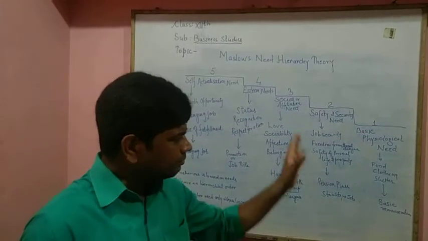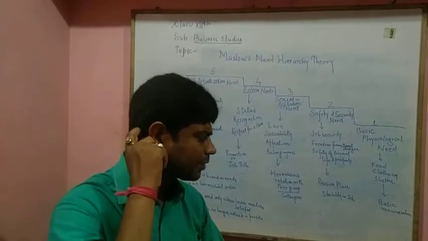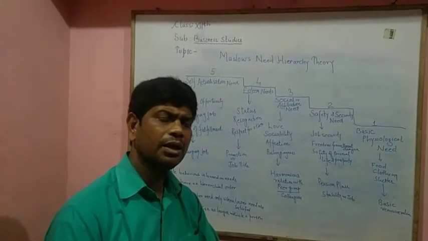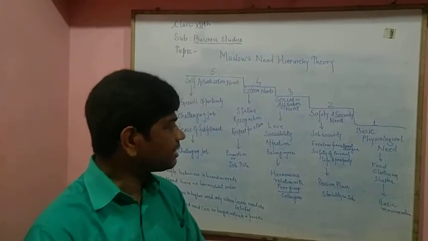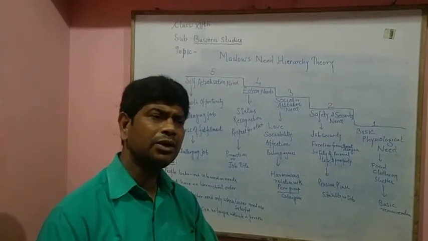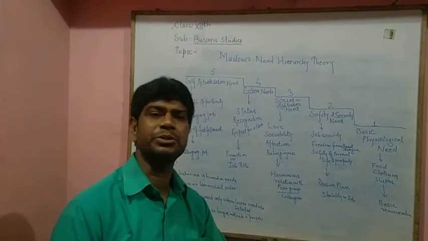So this was the first need, that is basic physiological needs. Then we have the second need. The second need is safety and security needs. Now, these safety and security needs are of three types.